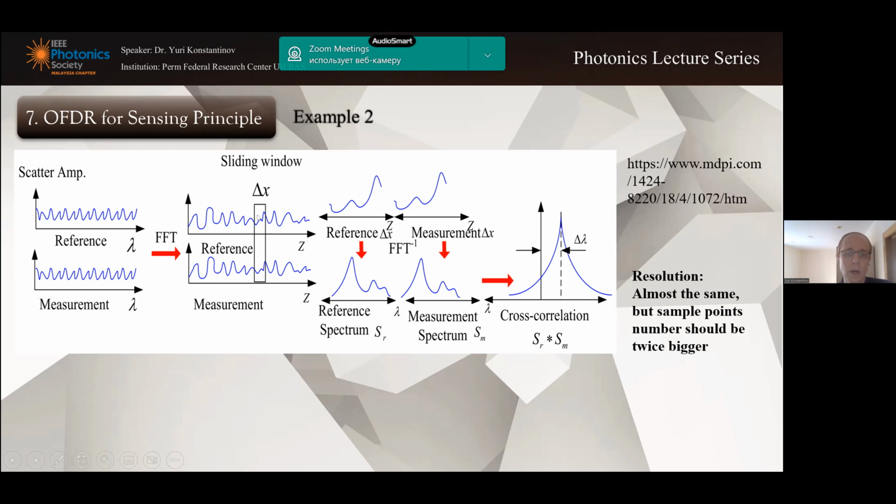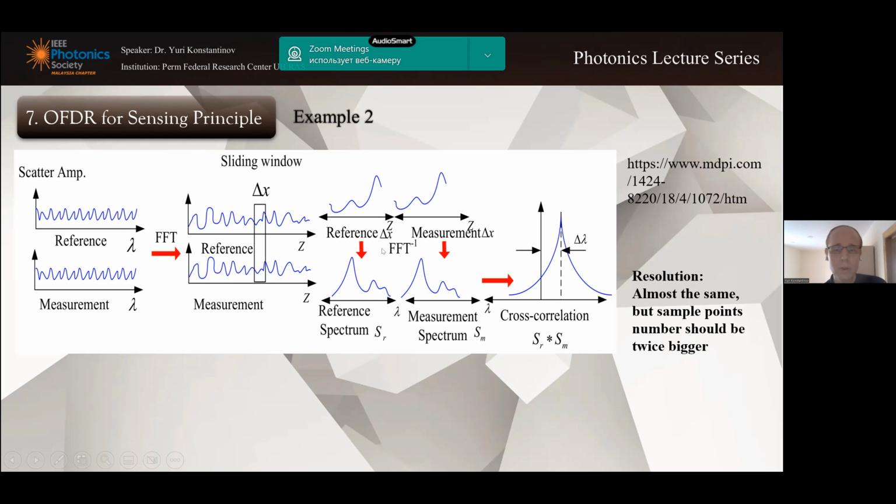In this window, we extract this region from both arrays of the data, and provide the inverse Fourier transform for this data. We need this to associate the phase changes in the signal with the coordinate in the fiber. So if we take these procedures for the raw data, we will not see any connection with the coordinate within the fiber. But when we use the scanning window, we have this relation.